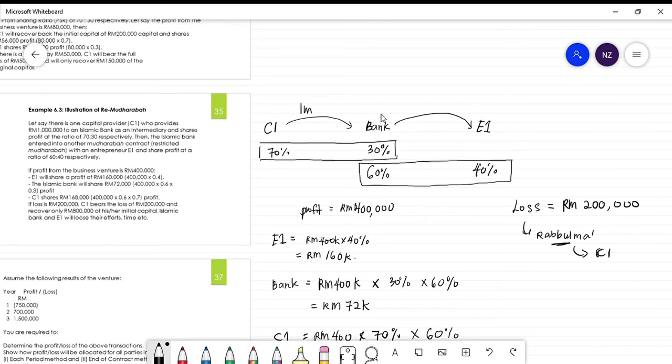Maybe C1 wants the bank to act as an intermediary, and asks the bank to use this 1 million to invest in another business venture or to the entrepreneur. So now we all know that the sole Rabb Mal is C1, because C1 is the capital provider. Rabb Mal means the capital provider.